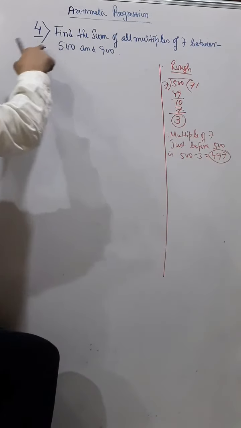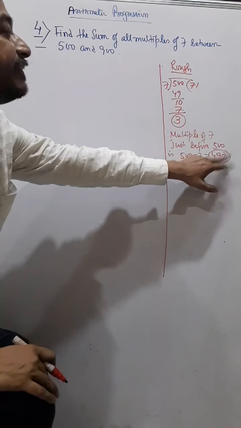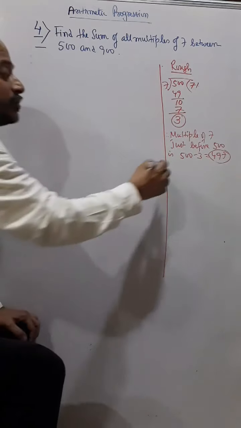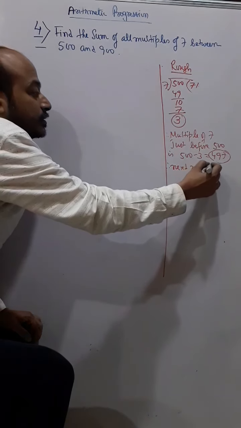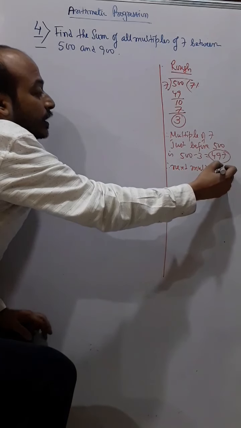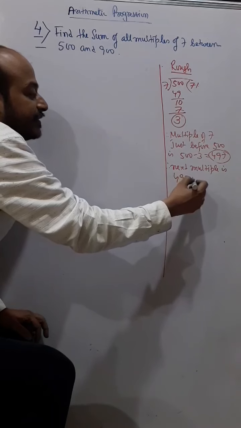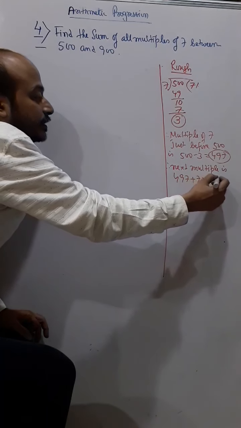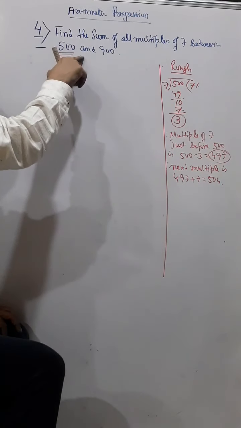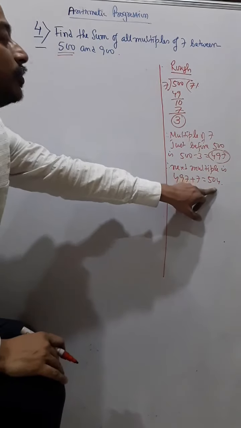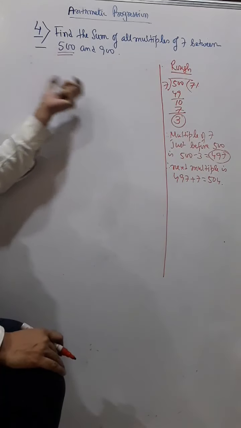So just before 500 the multiple of 7 is 497. Therefore the next multiple is 497 plus 7, 504. So the next multiple after 500 is 504. So that means my starting number is 504. That is the first term.